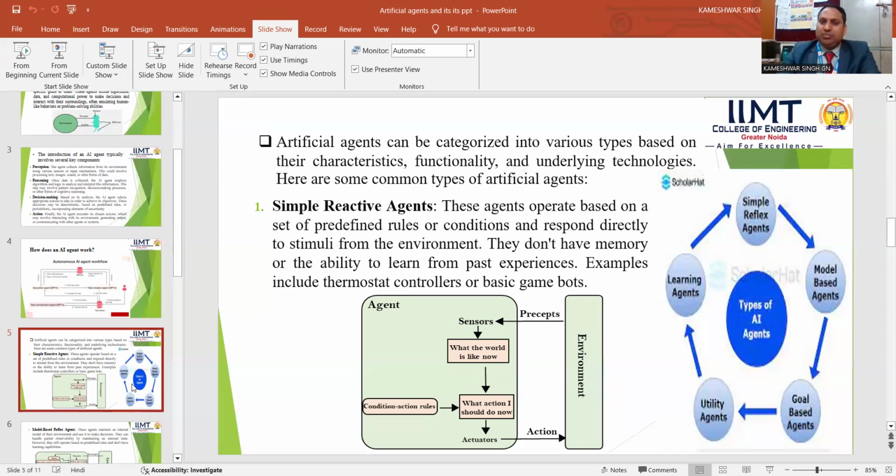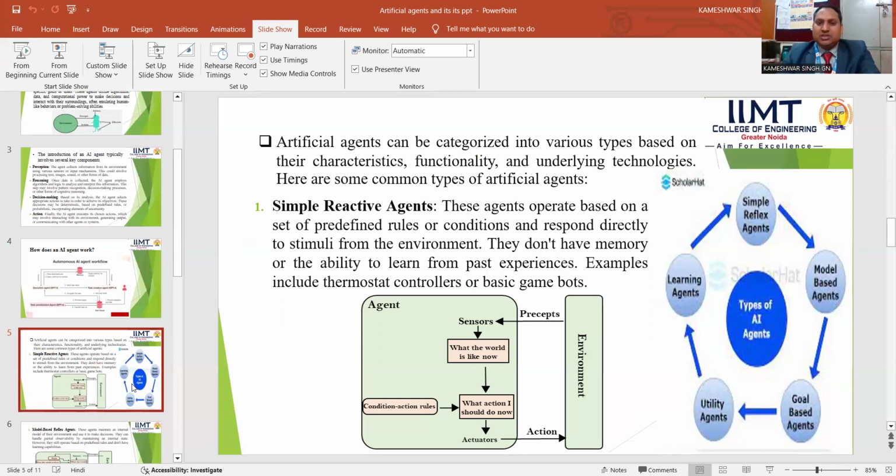These agents operate based on a set of predefined rules or conditions and respond directly to stimuli from the environment. They have no memory or ability to learn from past experience. Examples include thermostat controllers or basic game bots.